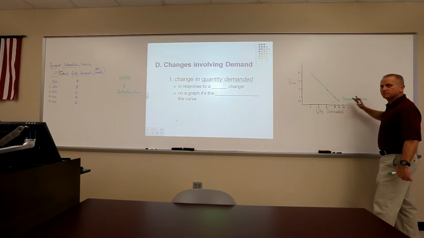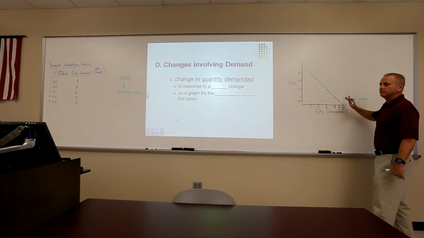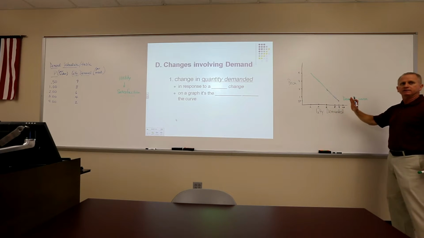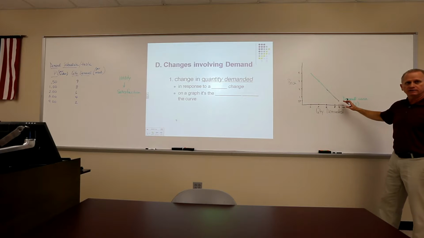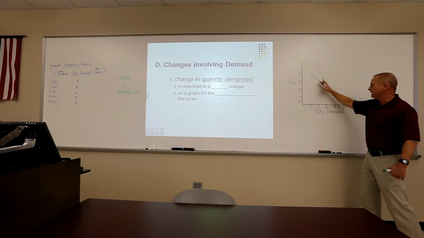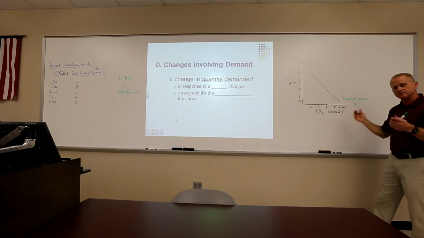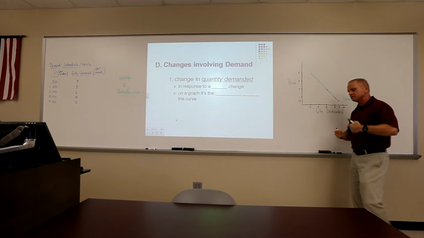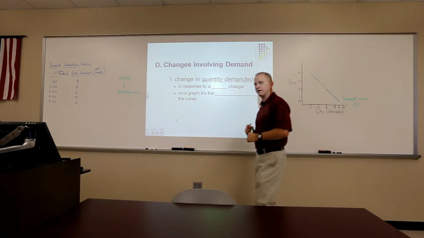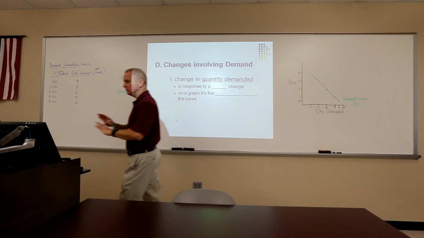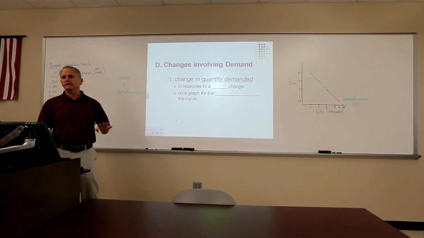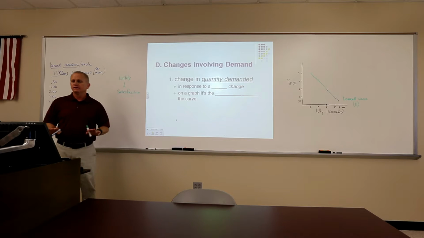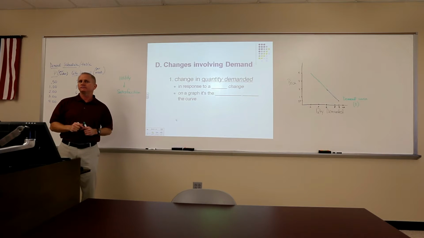As a response to price, it's a movement along the curve. That's all that's happening. It can also move down, by the way. If price falls, it'll go down the curve, up or down the curve, but it stays on the curve. And that is in response to a price change of the product. That's it. It's the only thing that's going to cause a change in quantity demanded. So that's the first one.